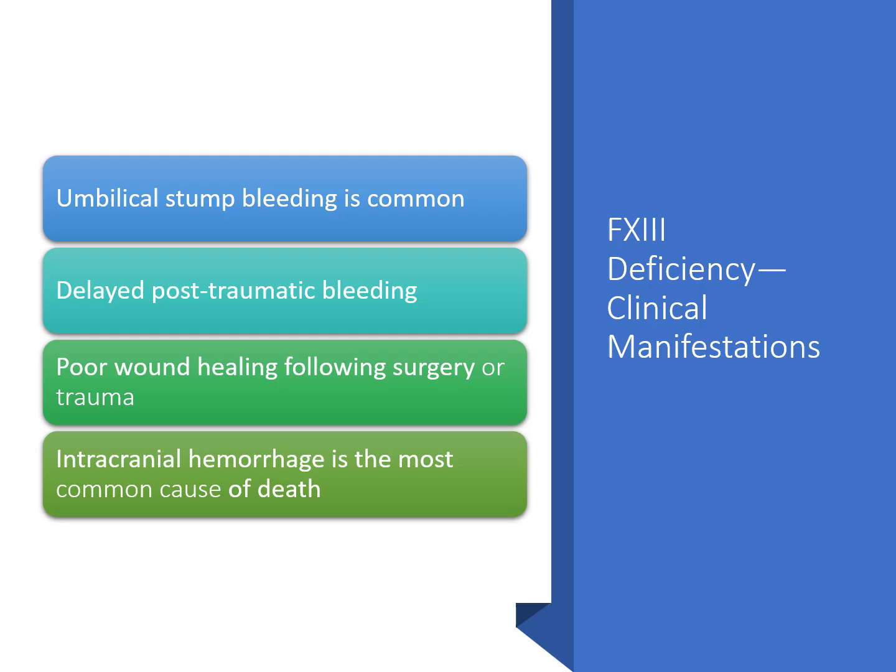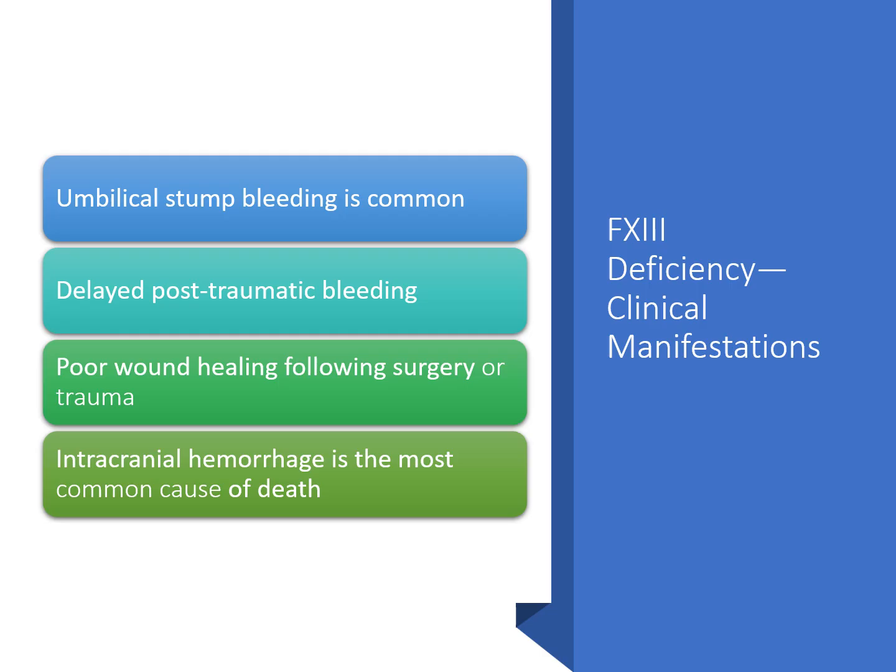Factor 13 deficiency clinical manifestations kind of vary, and that's really because it depends on the pattern of inheritance, but it can be problematic for a lot of patients who are truly deficient. Umbilical stump cord bleeding is common, so we might have weeping or bleeding around that baby's umbilical stump.